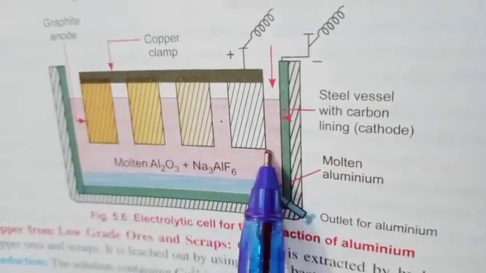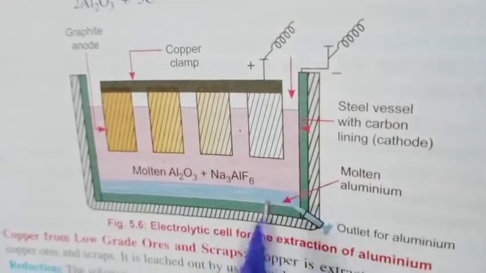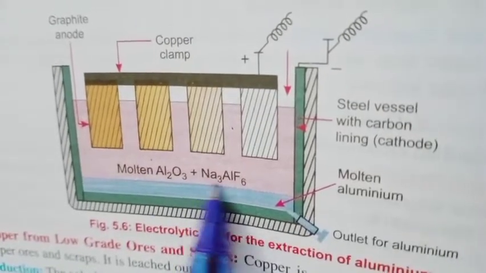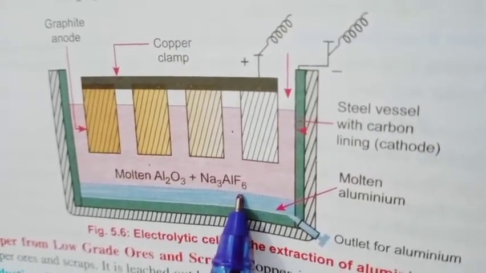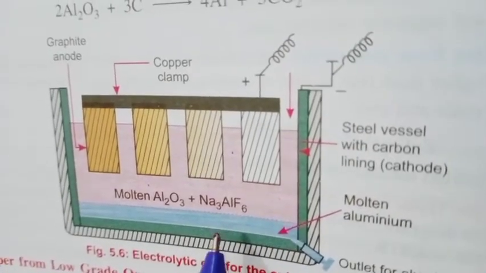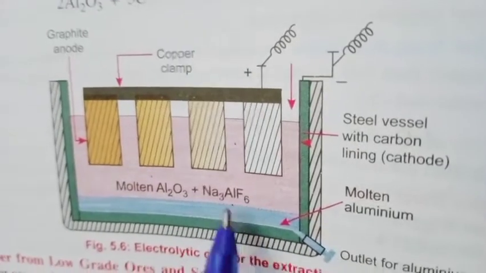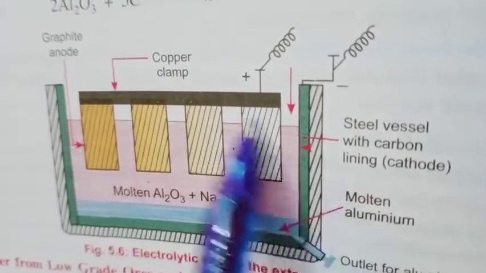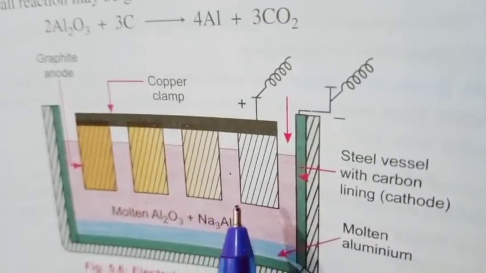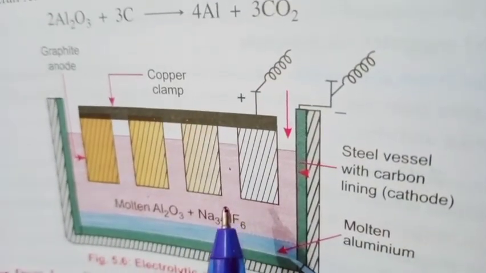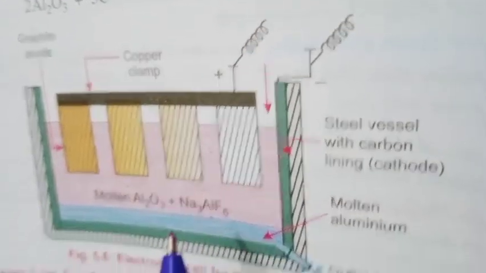Here you will take a mixture of molten aluminium oxide, plus cryolite is also added. Cryolite is Na3AlF6. Sometimes instead of cryolite you also add calcium fluoride, and when current is passed, at that time aluminium is obtained at the cathode and carbon dioxide is obtained at the anode.